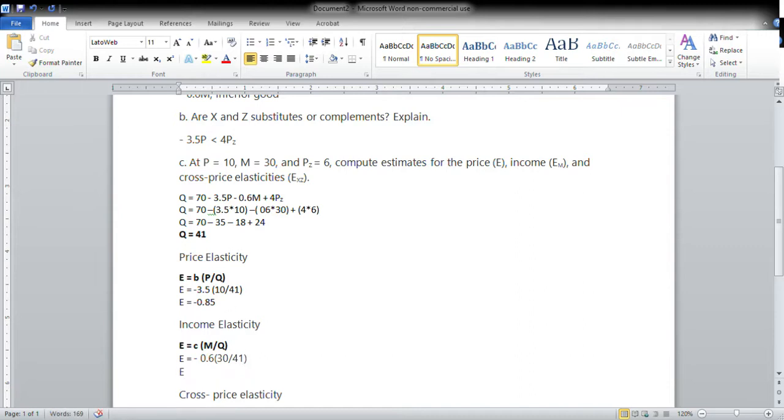So E, if you do that math, equals, well, my calculator came out with negative 0.439, or most times you're going to want to round that up to negative 0.44. Okay.